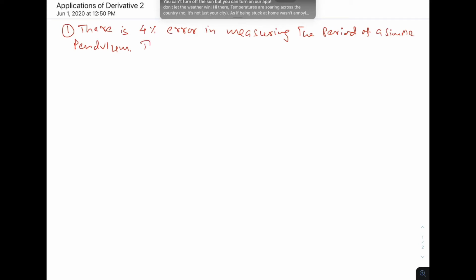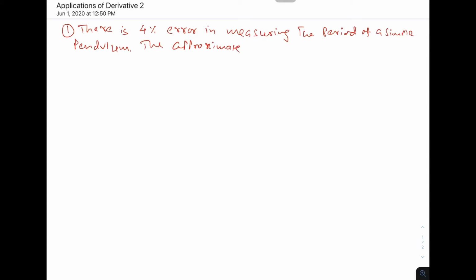The approximate percentage error in length is blank. Now we know the formula that is also given, 2 pi root of L by G.